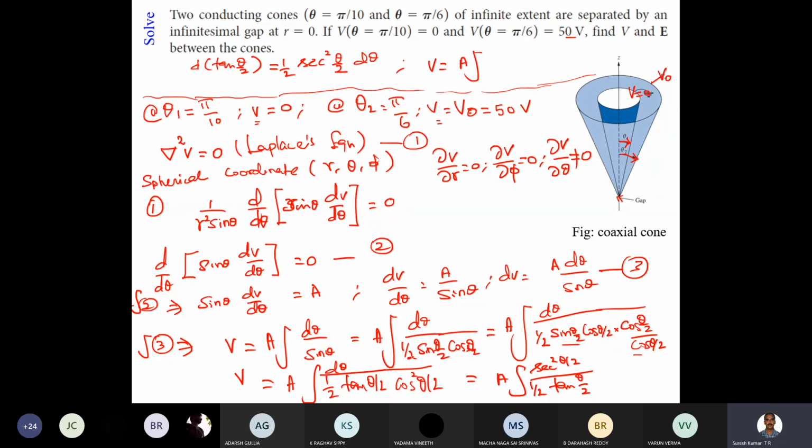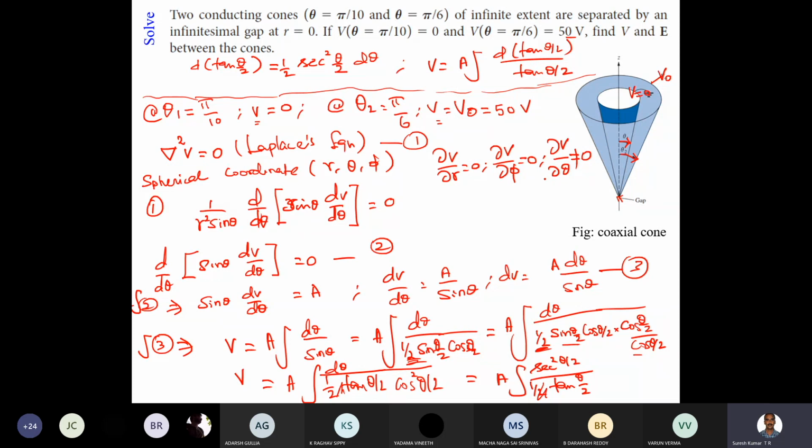Sorry, half or 2, I don't remember this equation. I'm not sure about this. So you will get d tan theta by 2 over tan theta by 2. So it is like integration of, I'm not sure about that constant. I can check with my proper correct equation, but let me write only this part.